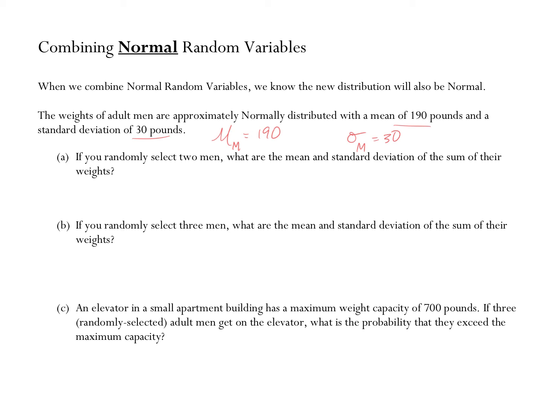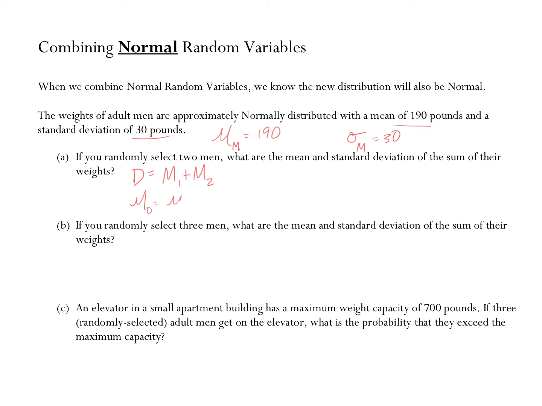I randomly select 2 men. What are the mean and the standard deviation of the sum of their weights? So let's go ahead and call this distribution D for double the weight, I guess. I just know where we're going, okay? And are you guys with me that would be the sum of 2 different men? So if I say, what is the mean of D?